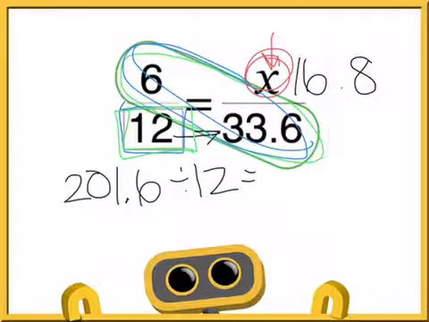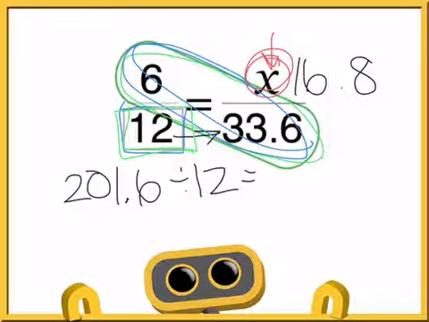Okay? That's going to give you your other equivalent ratio piece or your other piece of your proportion. So 6 to 12 is an equivalent ratio or proportional to 16 8/10 to 33 6/10.